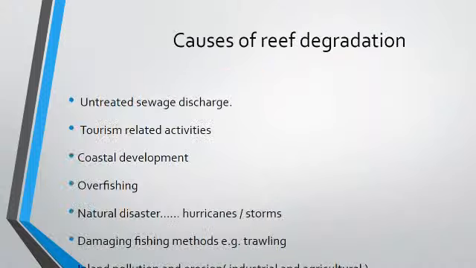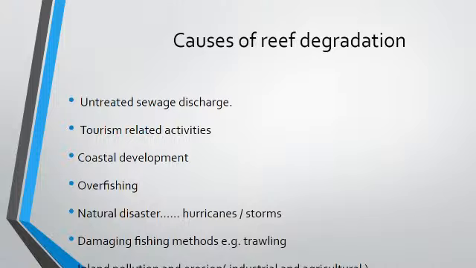So we have listed more causes of reef degradation. Untreated sewage discharge. There's a question on, I don't remember if it's one or two papers, that asks about overgrowth of algae and what would be the cause of the overgrowth of algae. And then they listed a number of things for you to choose which one would cause the overgrowth of algae.